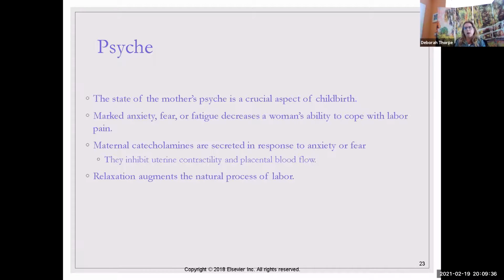This part of the whole labor process for nurses is really a key to how this mother is going to get through this process. We can be a key to helping this be a positive experience, or we can be the person that interferes with her having a positive experience.